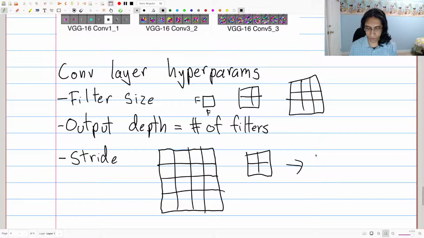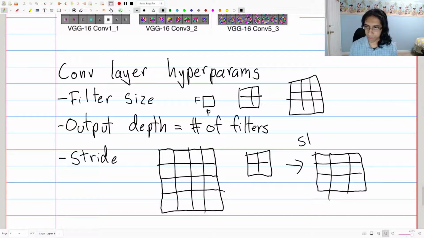Then, if we had stride 1, the output would look roughly like this: these 4 here would go into this pixel here. Sorry, I'm going to have overlapping colors, but these 4 here would go into this. This is exactly what we did before. And this one is going to go right here, and you can figure out where the rest are. You can see that you just slide it over by 1 each time.